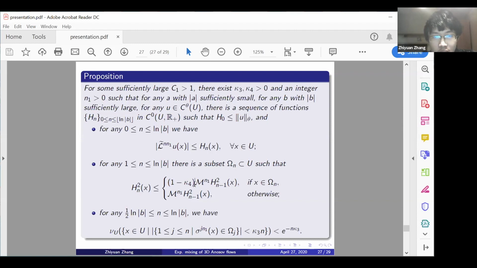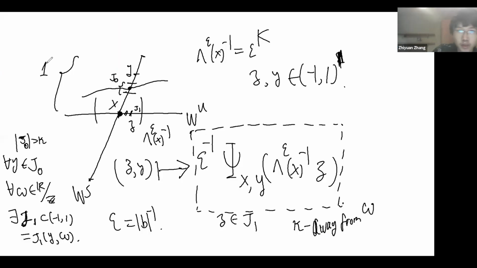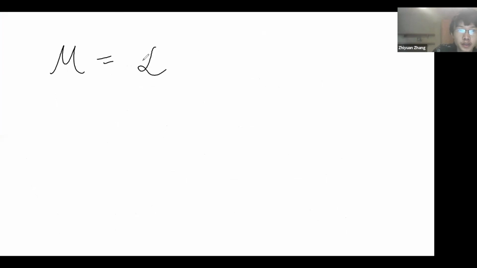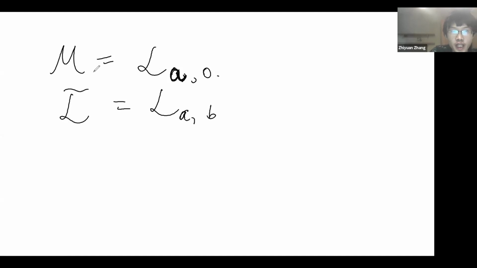What is this? Let me write it here. m, you can just think of this as A_0. So L is L_AB. M is the operator where you remove the phase.